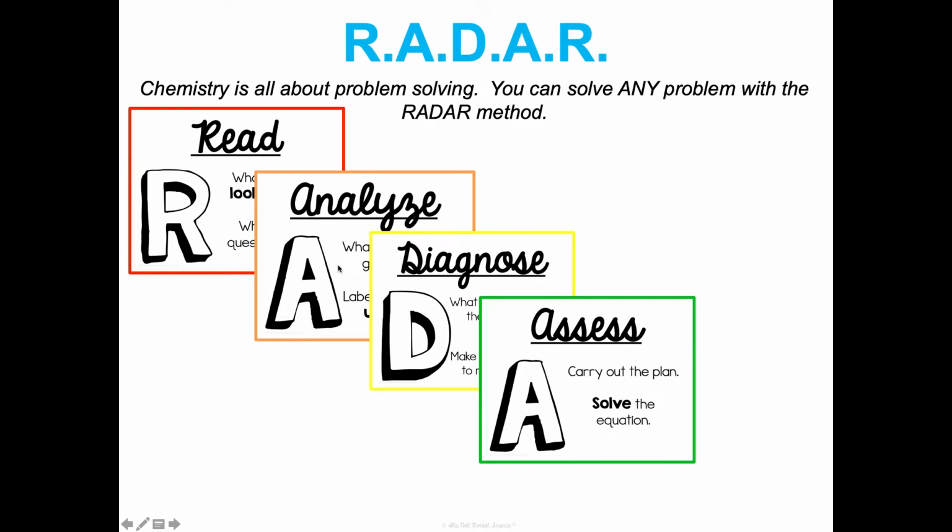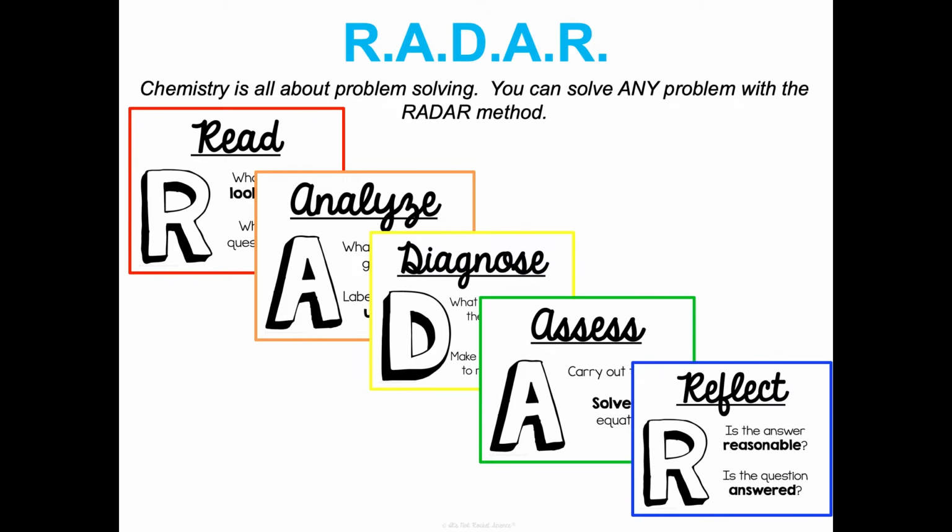From there, you'll assess, you'll carry out that plan or you'll solve that equation. And then you're going to reflect. This is so important. You're going to look back and say, is this answer reasonable? Like if you're measuring the temperature of something and you get the temperature to be 10,000 degrees Fahrenheit, does that seem reasonable? That seems like a crazy number. Okay, so we really want our measurements, again, to make sense.